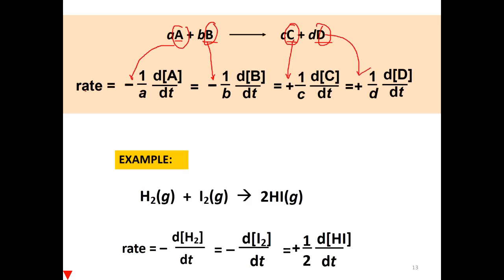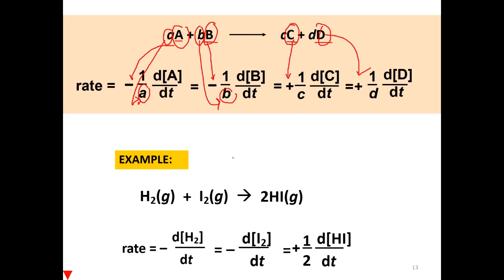Now you can write the rate: negative 1 over a, dA over dt, is equal to negative 1 over b, dB over dt, where the small letters come from the stoichiometry. And then positive 1 over c, dC over dt, is equal to 1 over d, dD over dt.